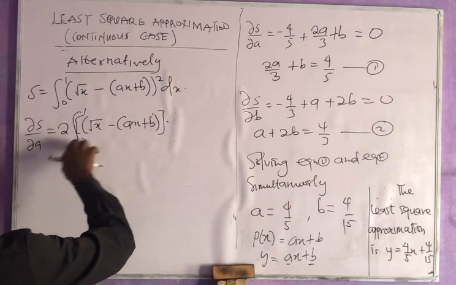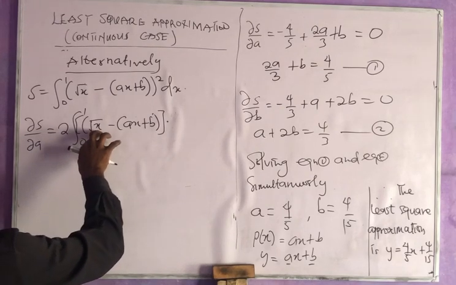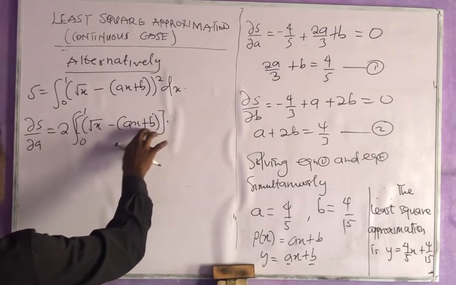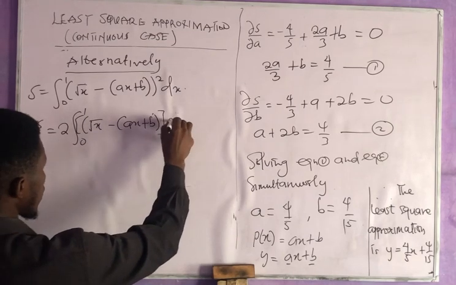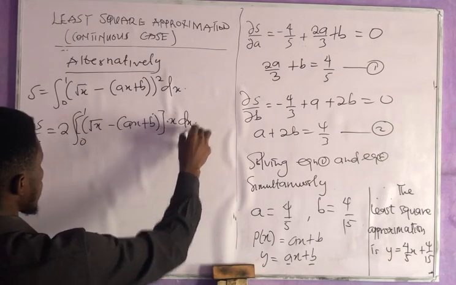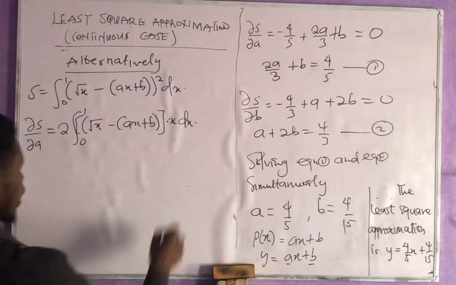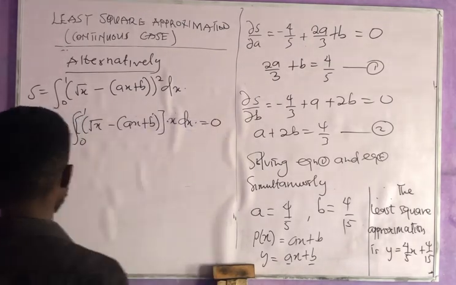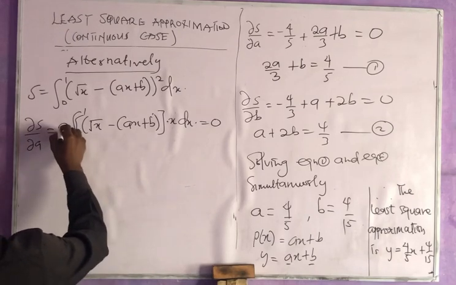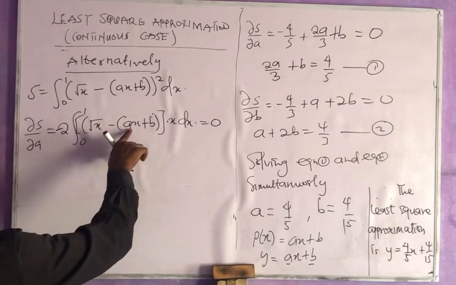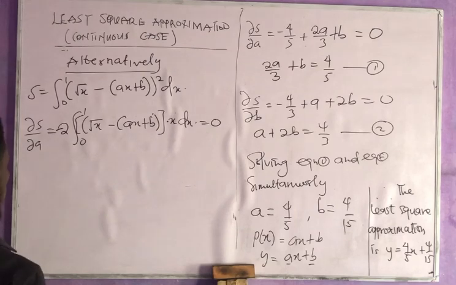Because it's with respect to a, b will be 0, and if you differentiate a, it will give you 1. So 1 times x will be x. Then bring your dx. And this is equal to 0. There will be a negative here because there's a negative affecting this, so if you bring it out, that's how it's going to be.